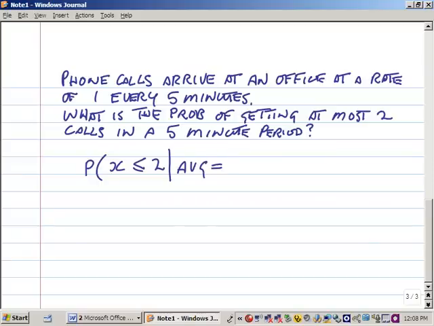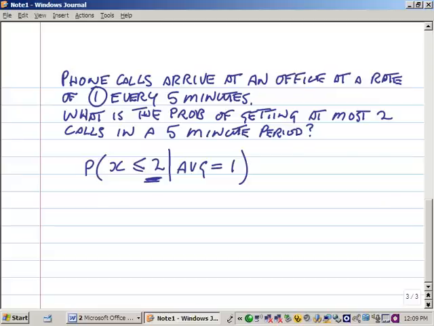Some textbooks give it a symbol, and those symbols actually make life difficult in this case. So this is 2 in a 5-minute period. Then we need to know the average rate in a 5-minute period, and the average rate is 1 in a 5-minute period. So you make sure that the number of occurrences and the average are for the same period.